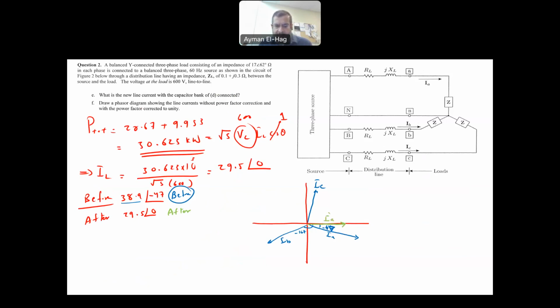And this is minus 120. This is IB prime. And finally, this is your IC prime. And this is what we call the phasor diagram of my system. So with this, we covered almost all important topics that are related to the three-phase system.